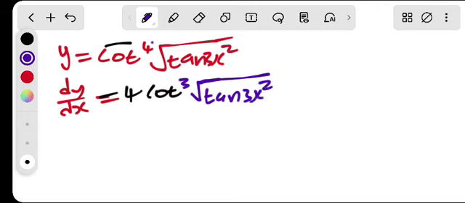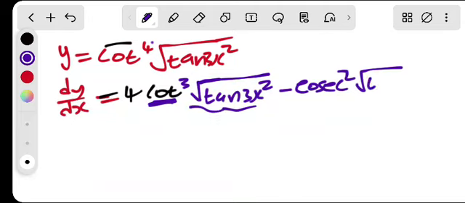All right, now we multiply by the derivative of cot. The derivative of cot will be negative cosecant squared. You write whatever is there, the angle as it is, the square root of tan 3x raised to the power of 2, like this.